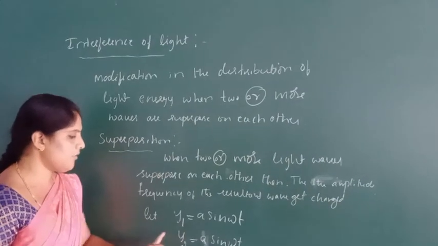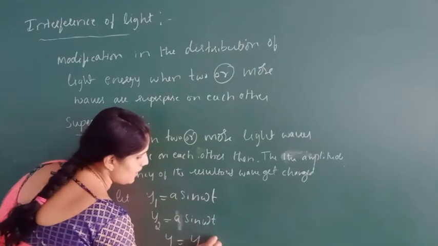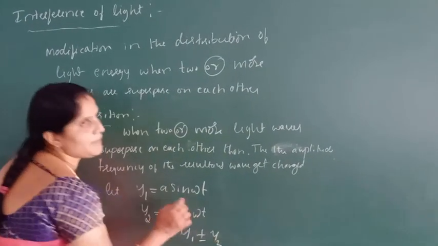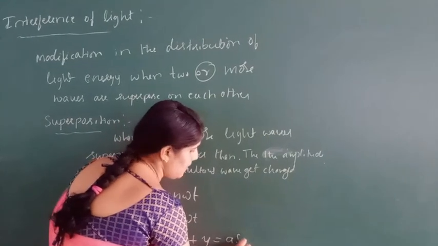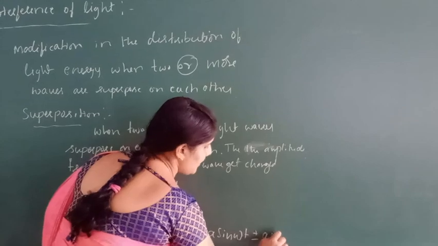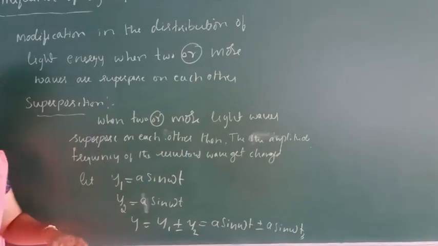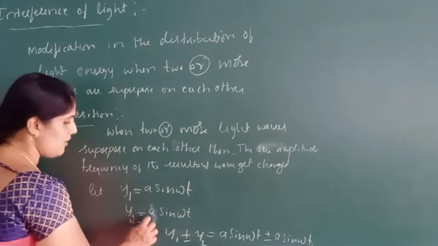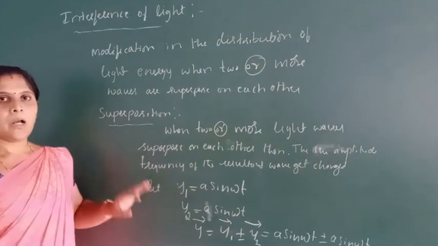Then the resultant of these two waves is given by y is equal to y1 plus or minus y2. So y is equal to a sine omega t plus or minus a sine omega t. This is the resultant displacement. So resultant displacement is actually the vector sum of the individual displacements.